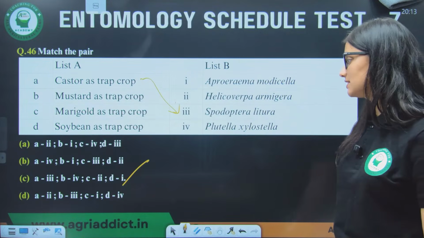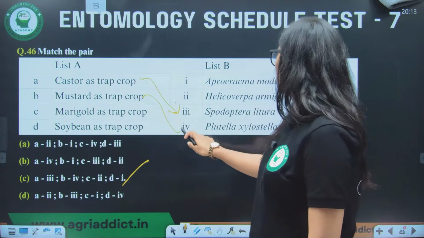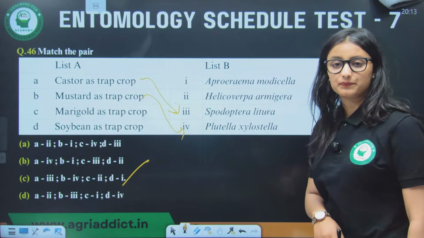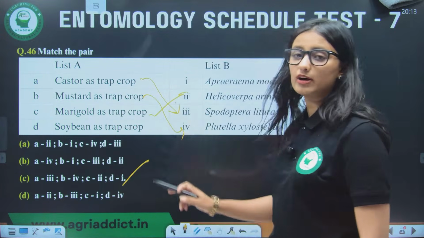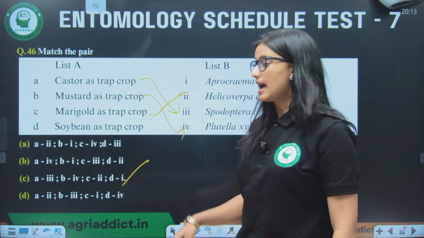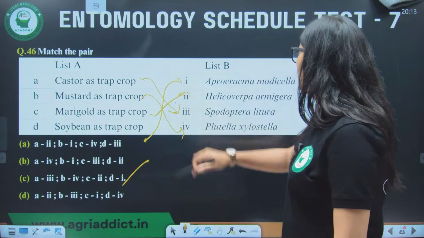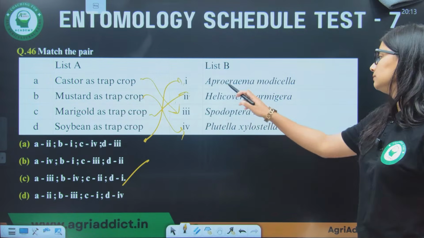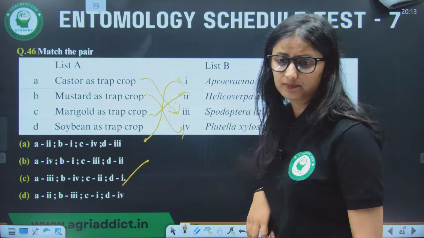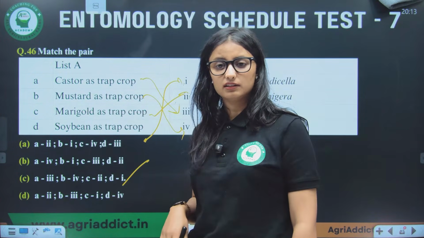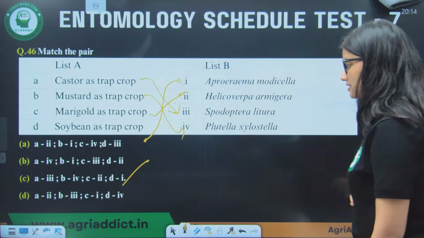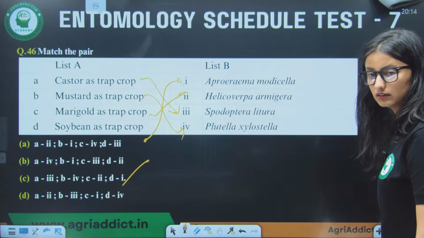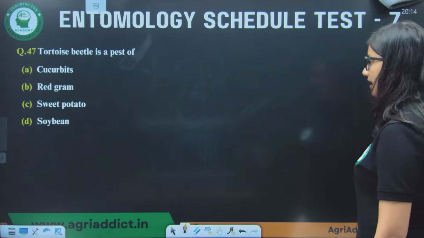Mustard as a trap crop for Plutella xylostella. Marigold as a trap crop is for Helicoverpa armigera. And soybean as a trap crop for Aproaerema modicella. Is it clear? So you should know which trap crop is used against which insect. Okay, C is the correct answer.